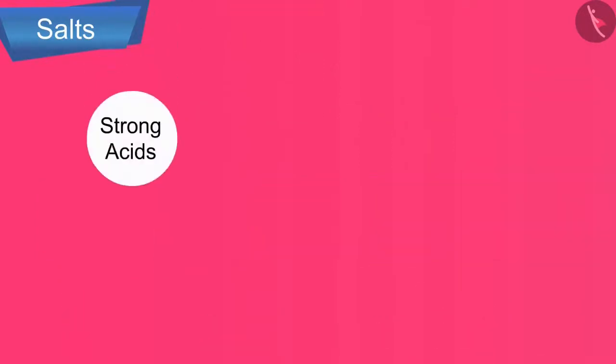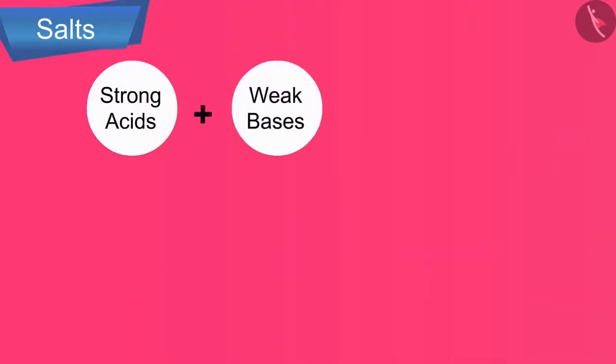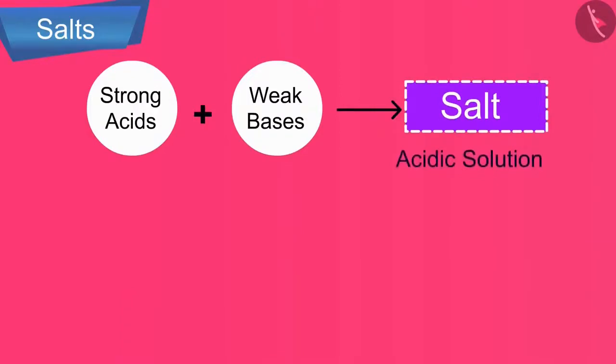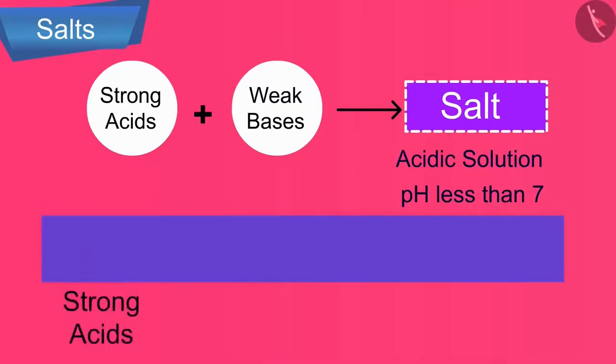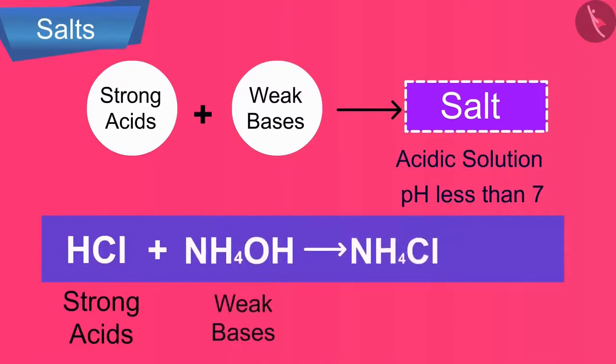Secondly, the salts of strong acids and weak bases give acidic solutions, with pH less than 7. Let us understand this with the help of an example. Ammonium chloride is formed by a strong acid, hydrochloric acid, and a weak base, ammonium hydroxide. And so, the salt obtained is acidic in nature.